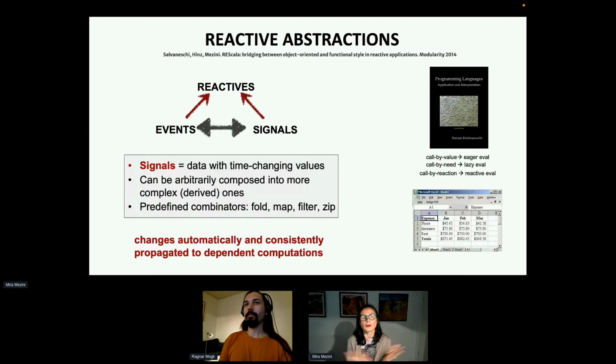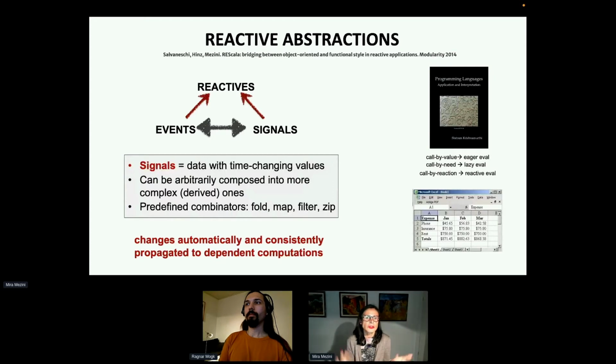And REScala also offers a set of combinators like fold and map, filter, zip, and more in order to facilitate composing signals at a higher level. Overall, what you need to keep in mind is that changes along those dependent signals happen automatically and consistently. I'll explain both of them.